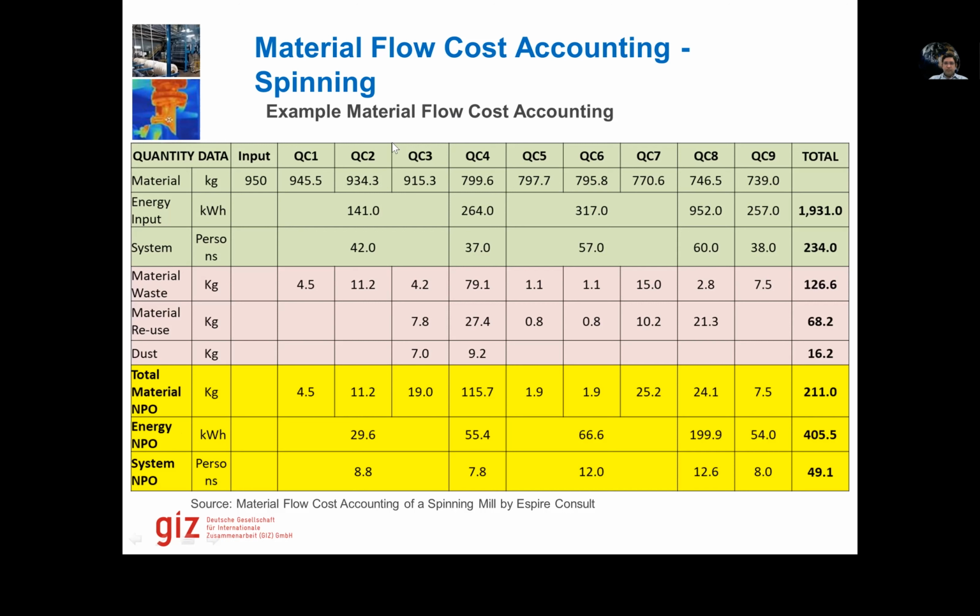And then what we can do here is see how much percentage of this NPO is against the total input quantity. And then we assign the same percentage to the energy input. So we assign the same percentage here to 141, and we come down to 29.6 kilowatt hours of NPO directly going out, as that is producing the waste.